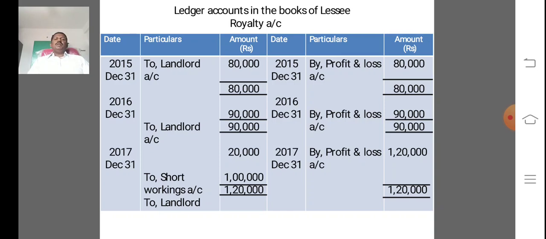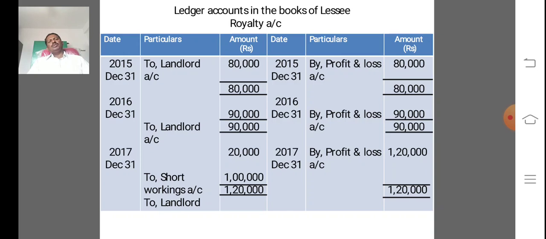In the beginning, first year 2015, at the end of the year, 80,000 to landlord account 80,000, and that royalty is credited to P&L account 80,000.